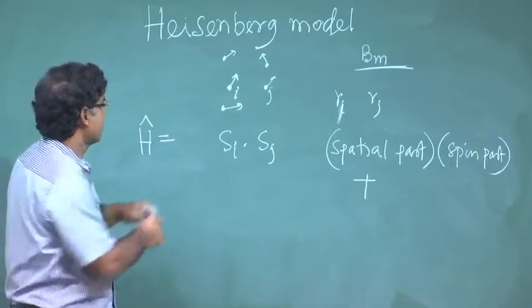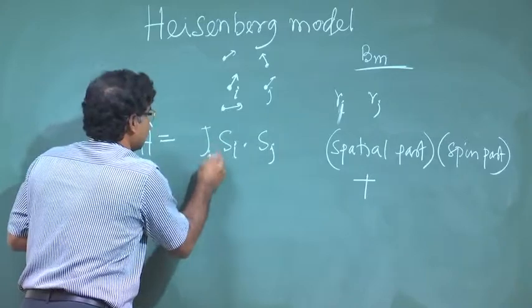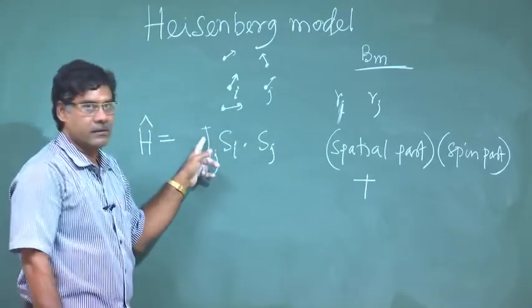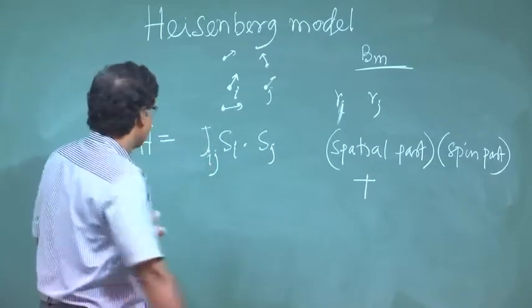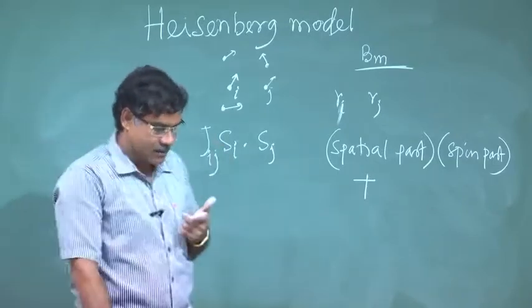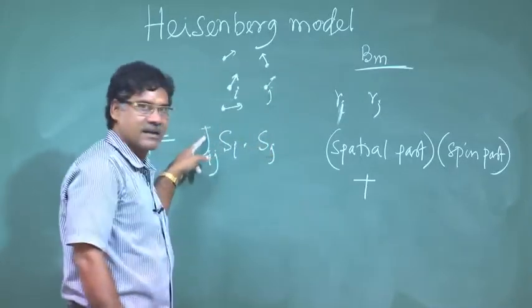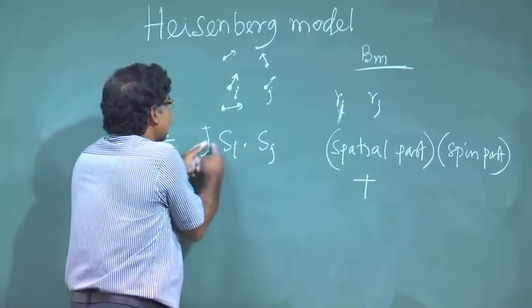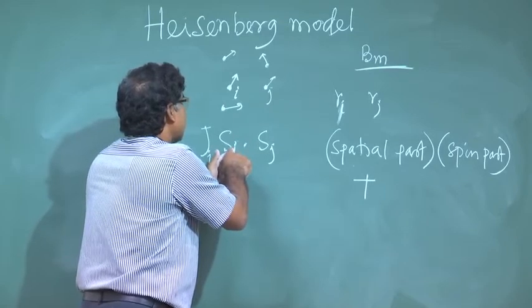It was written for this, that Jij, one constant term, it is called exchange integral. J is called exchange integral or exchange energy constant. So, this energy is the exchange between Si and Sj.